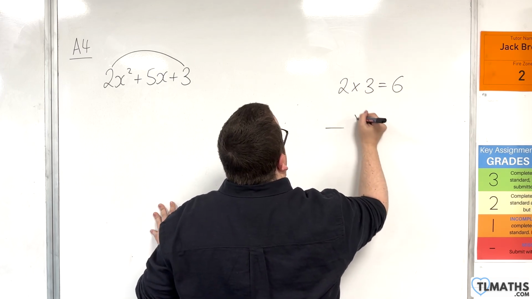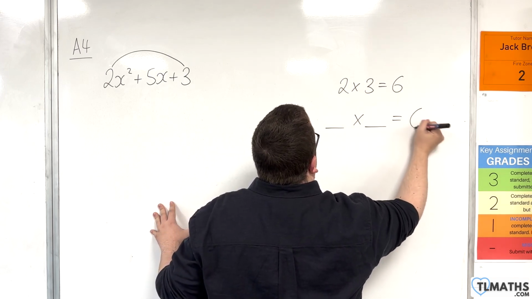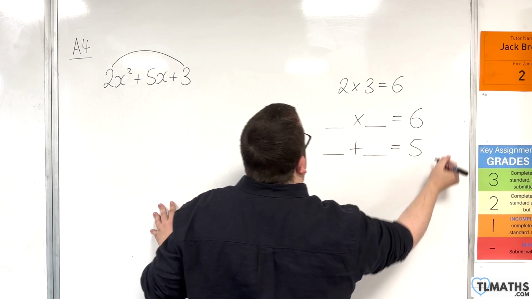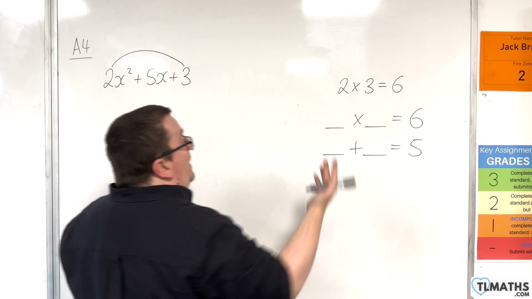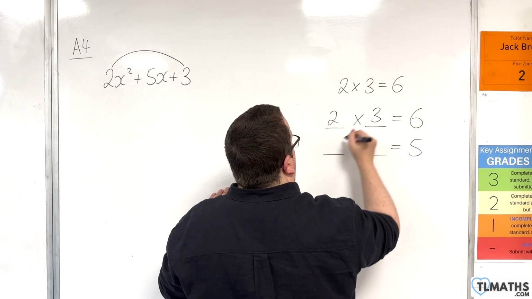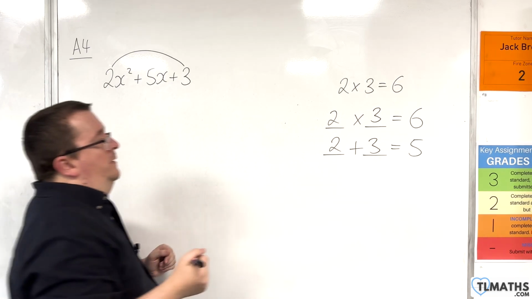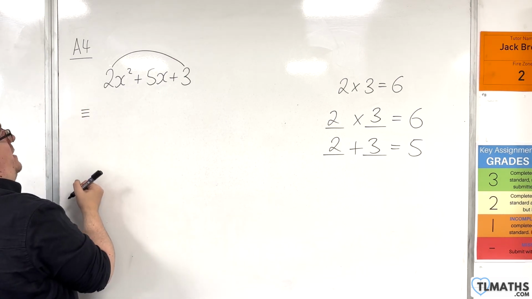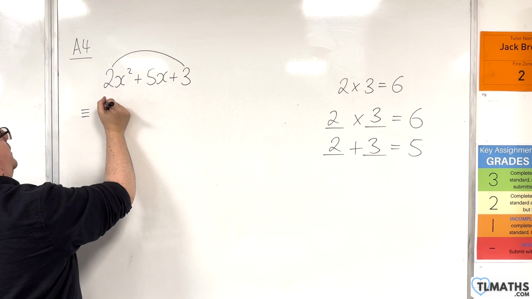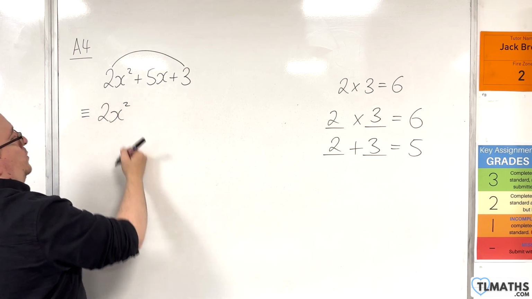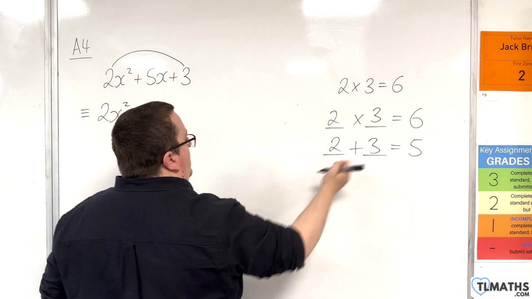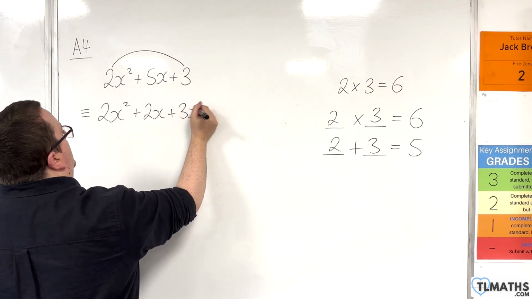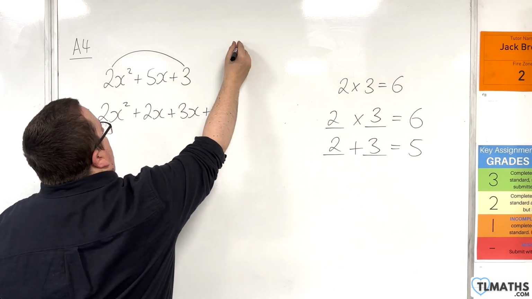So we're looking for 2 numbers that multiply together to make 6, but add together to make 5. That is just the 2 and the 3, isn't it? Okay? And the next step is to split that 5x up into 2x and 3x. So 2x plus 3x plus the 3.